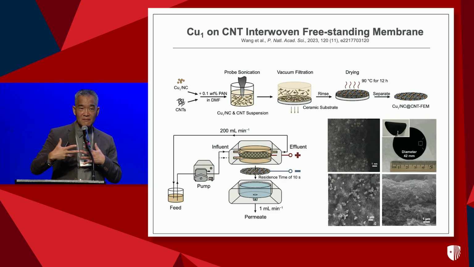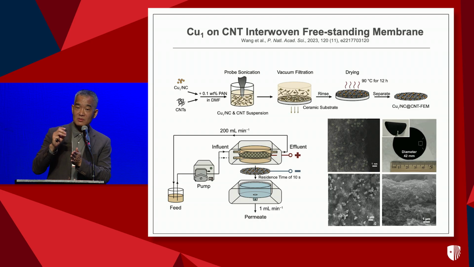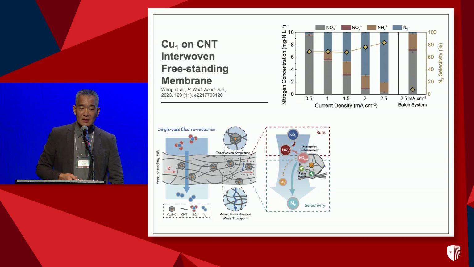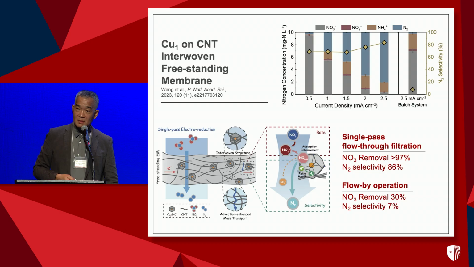We have a very tight scaffold, and we want to load many catalysts, but we don't want to block the porous structure, so we load it as single atoms. That reduces nitrate, not to ammonia, because if you treat nitrate water and it smells like ammonia, we aren't going to be happy. You want to convert it to nitrogen gas. And this is one of the designs.